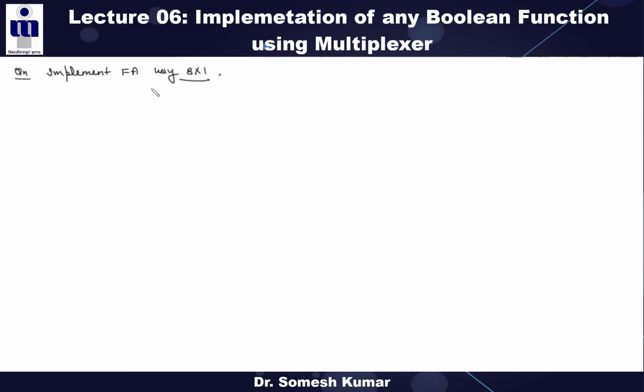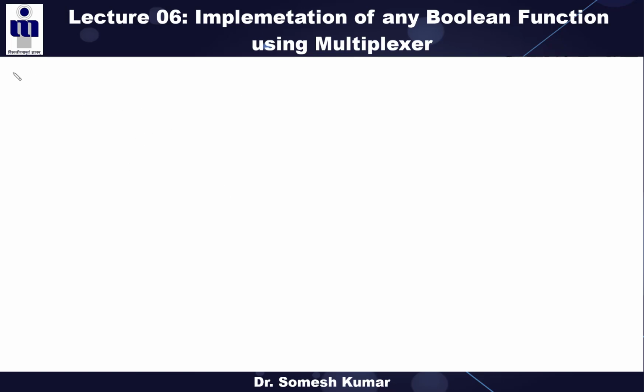You know the output of the full adder is A XOR B XOR C. This is nothing but a three variable function, right? What is the carry? AB plus BC plus CA, right? You have to implement this full adder using the 8:1 mux, and you have to find out how many 8:1 mux are required to implement this full adder.